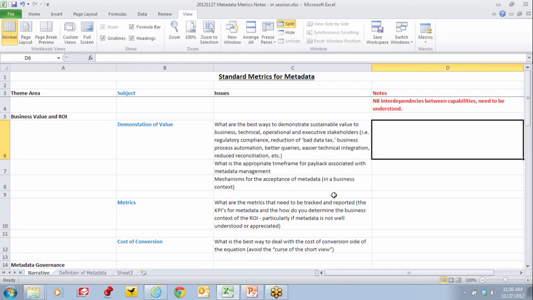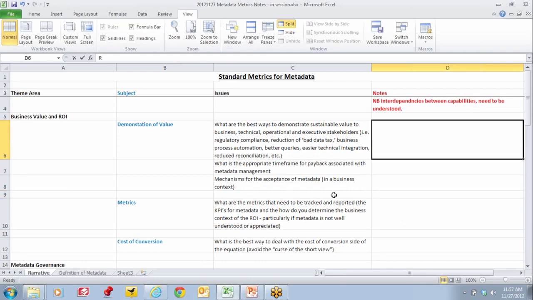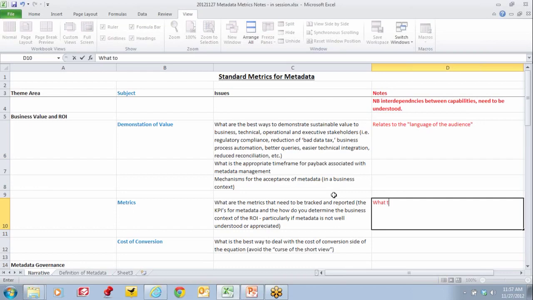We also then looked at some metrics. How are we going to measure these things? What do we track, and what are we tracking them for? I'm going to scroll down to the metadata governance just so I can get myself oriented.